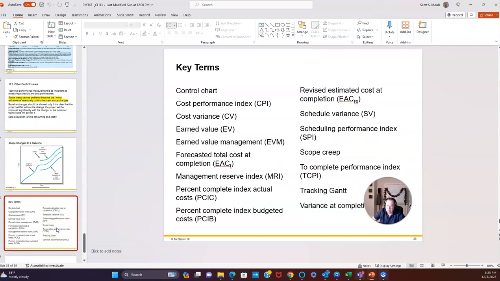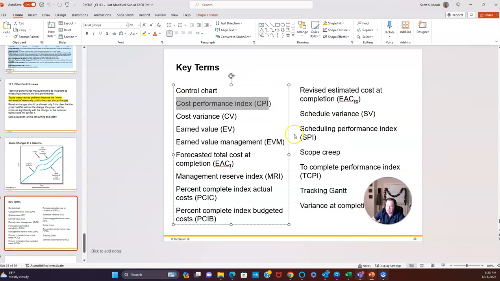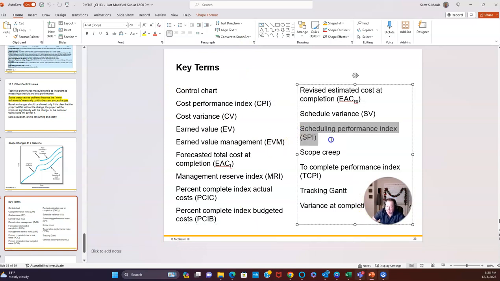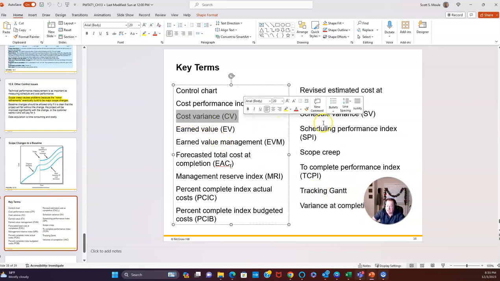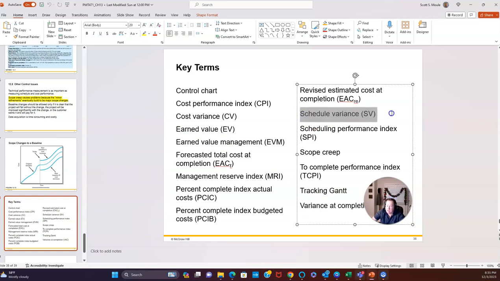Okay, so we've hit on a lot of equations, a lot of key terms. Review over them. Critical ones: your CPI, your SPI, those are your cost and schedule. Your cost variance and your schedule variance.